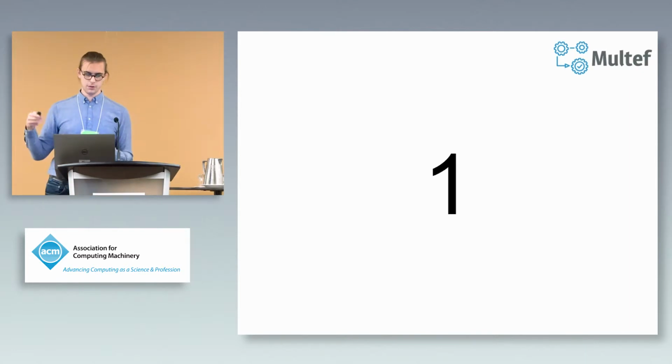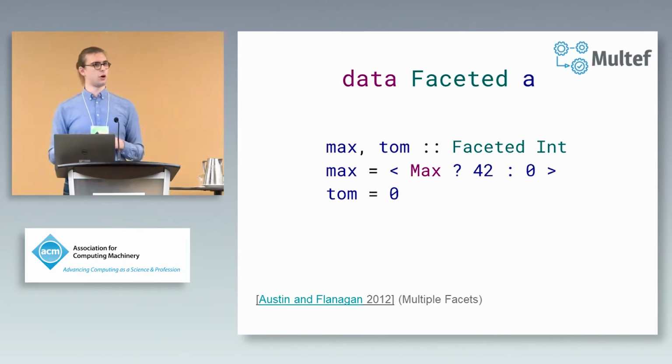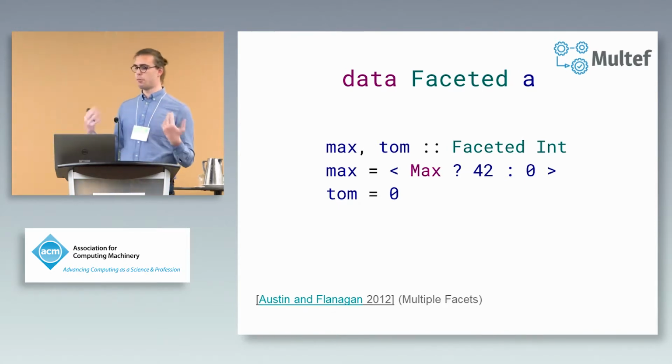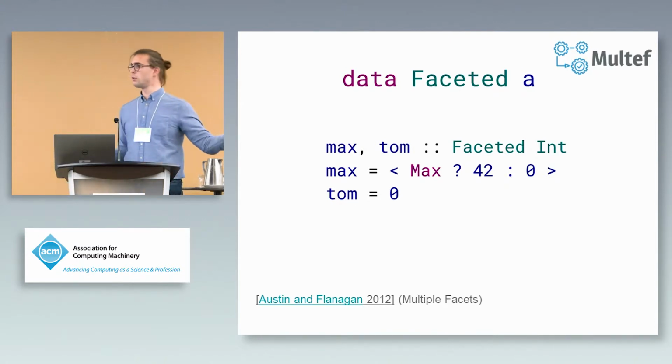Okay, so to understand how Multef works, we're going to have to understand two main concepts. The first concept, due to Austin and Flanagan, is the idea of a faceted value. So looking back at the program we had before, we had two variables, Max and Tom, and these variables have associated with them different views. So what the funny notation that we have here with the brackets and the question mark means is that if you get to see Max's stuff, then you see 42.